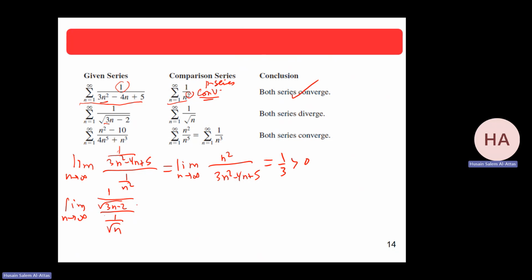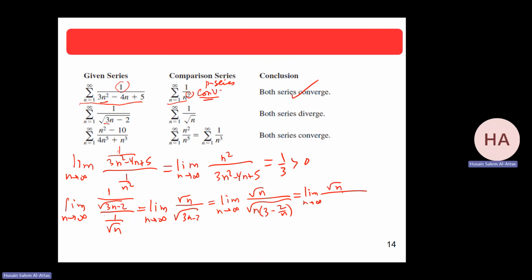Now do the limit. That will be the limit as n goes to infinity of square root of n over square root of 3n minus 2. I divide by square root of n everywhere. I take n as a common factor in the denominator, which gives 3 minus 2 over n.